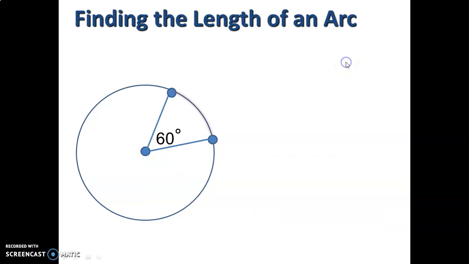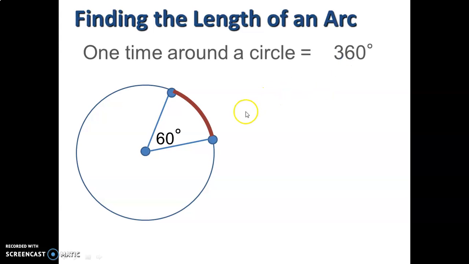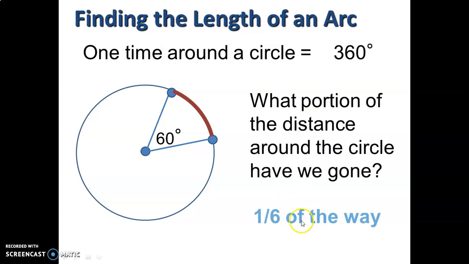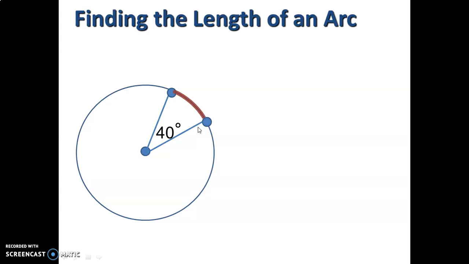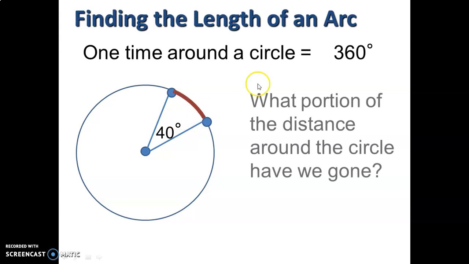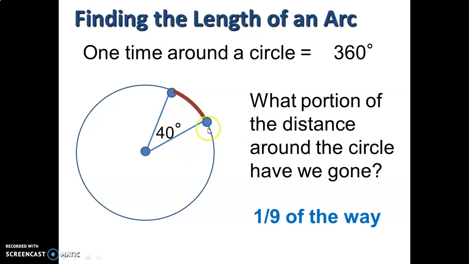Okay, remember that. So let's look at this one. What portion of the circle is that? Well, that's like 60 out of 360, which reduces to 1/6 of the way around the circle right here. How about this one? This one we have 40 over 360, which would be 1/9, so we have 1/9 of the circumference of the circle.